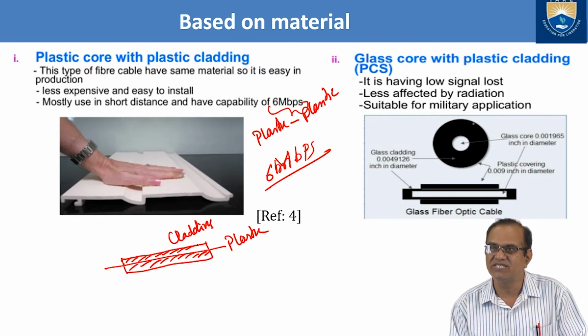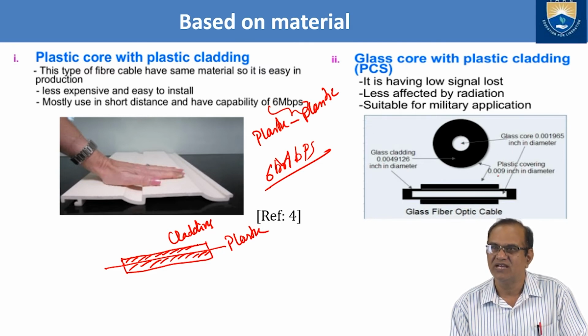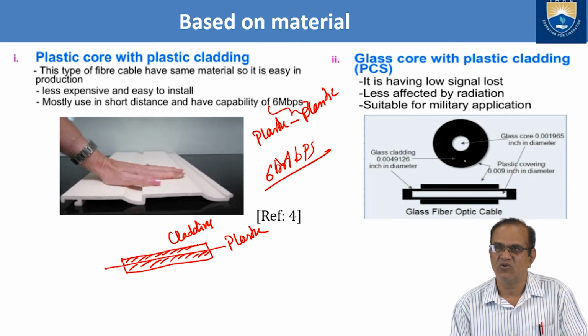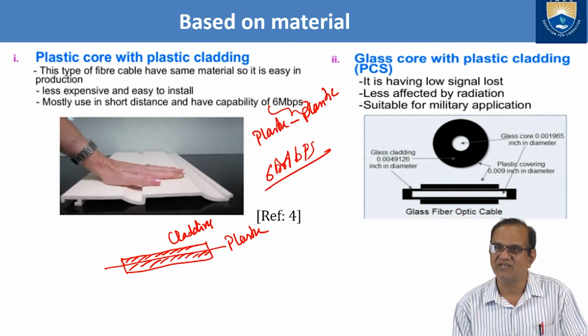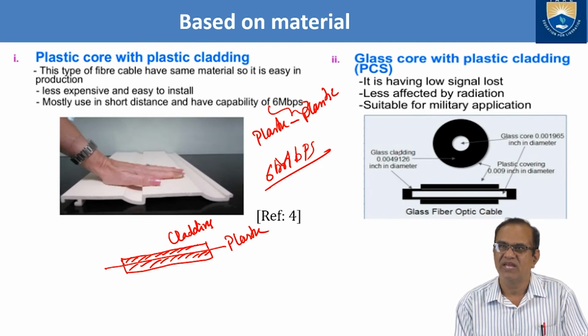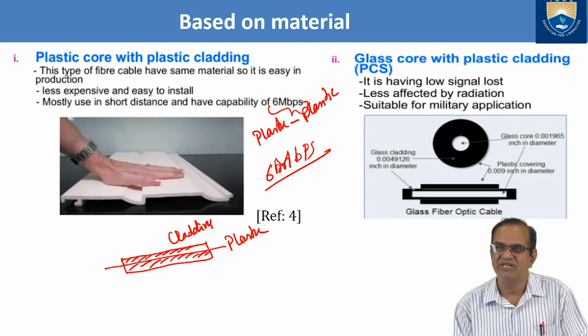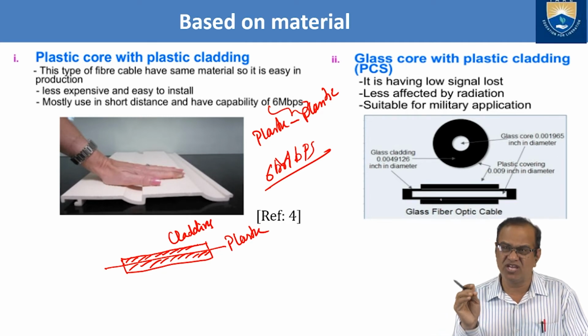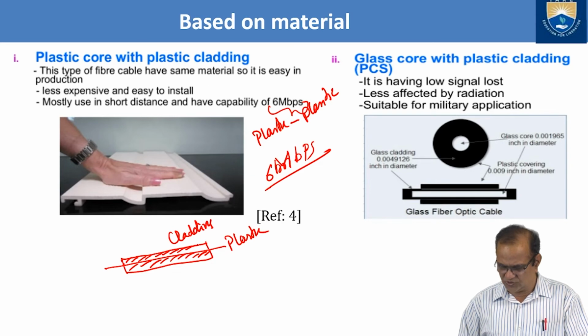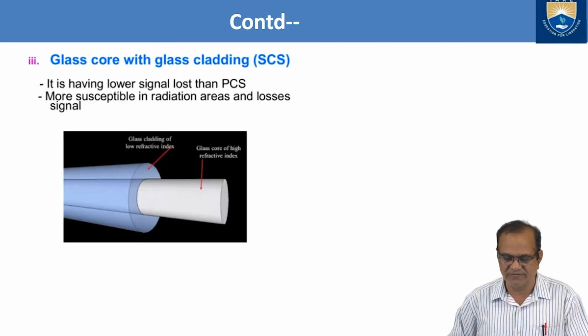On top of this is a plastic covering, 0.009 inch in diameter. And this is the cross section. In the glass fiber optic cable, this is the core diameter and this is your upper cladding. These very thin fibers are used, based on the material.